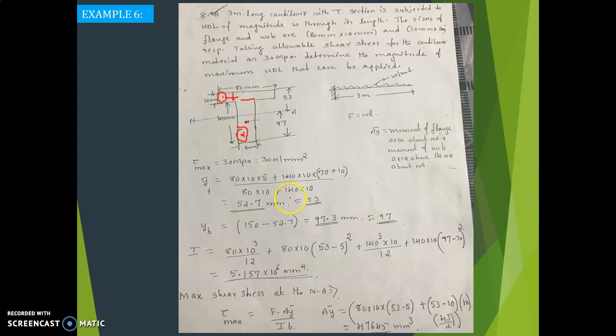Divided by A1 plus A2, where A1 is 80 into 10 plus A2 is 140 into 10. So you get 52.7 mm. For simplification we can take it as 53.